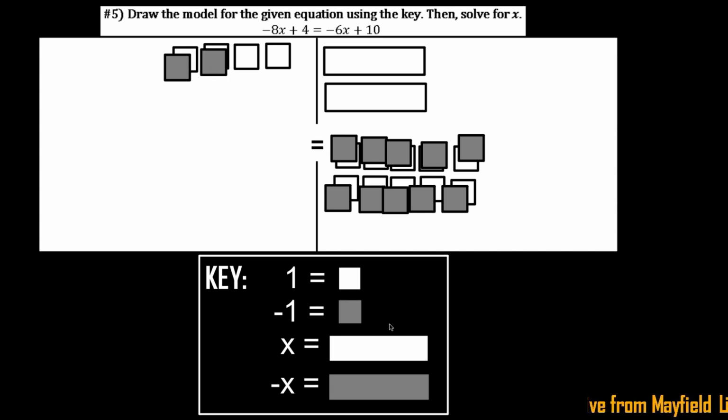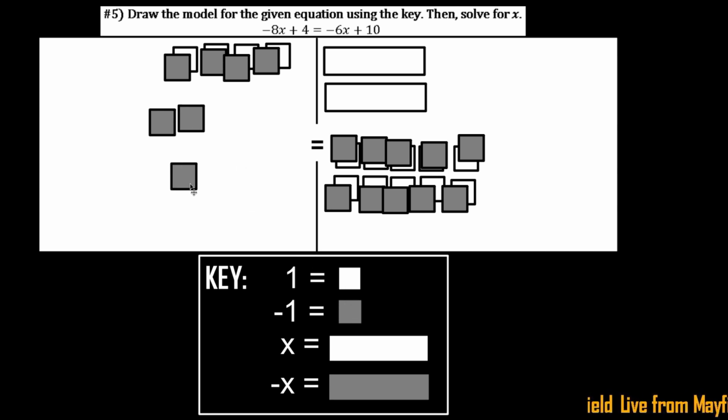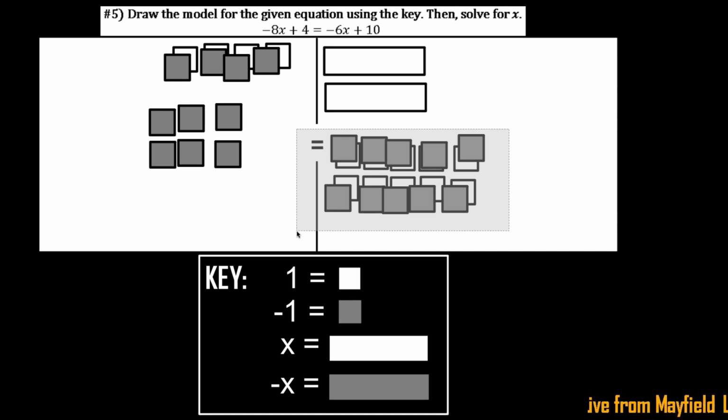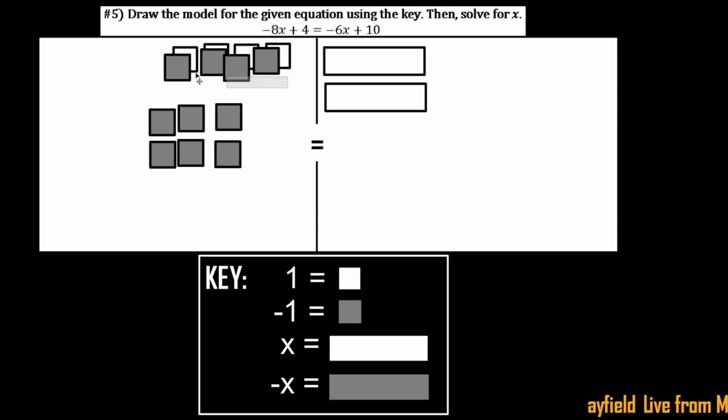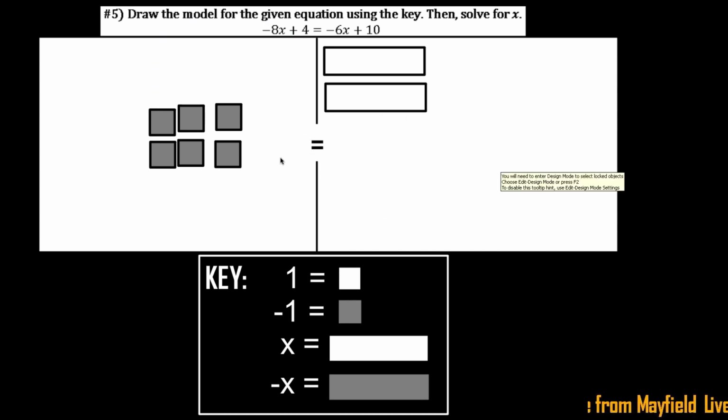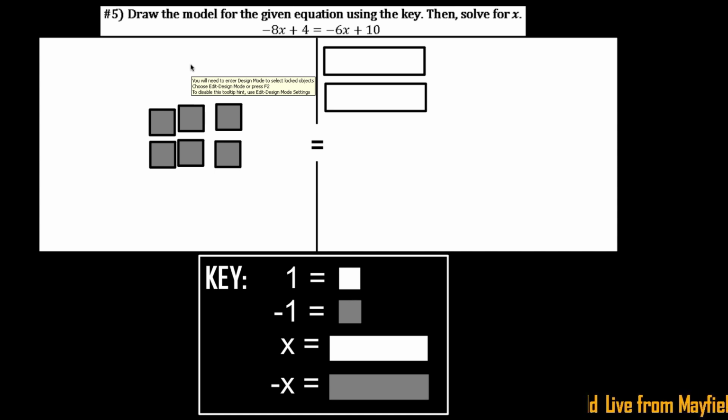Alright, so I got 1, 2, 3, 4, I got 5, 6, 7, 8, 9, and 10. Again, be able to cancel out those 0 pairs. So all these go away, and all those go away. And so what are we left with? Well, we're left with 2x equals -6.